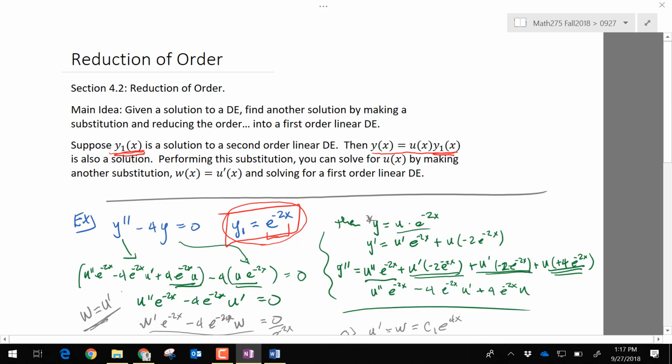And then you're going to put that into the differential equation. After you put it in, you'll have something where you have u double prime and u prime. And then the u's should cancel. And then you're going to make another substitution.